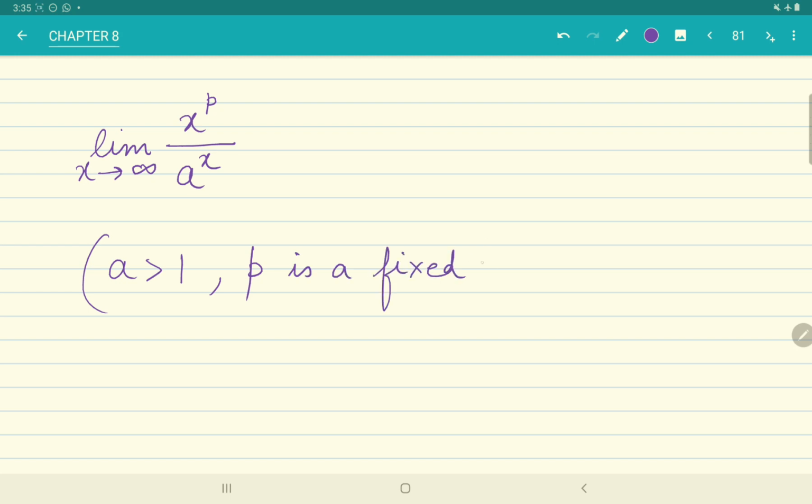Both numerator and denominator tend to infinity, but the denominator tends to infinity at a much faster pace. That means the fraction is going to tend towards 0 as x tends to infinity. So this is equal to 0.